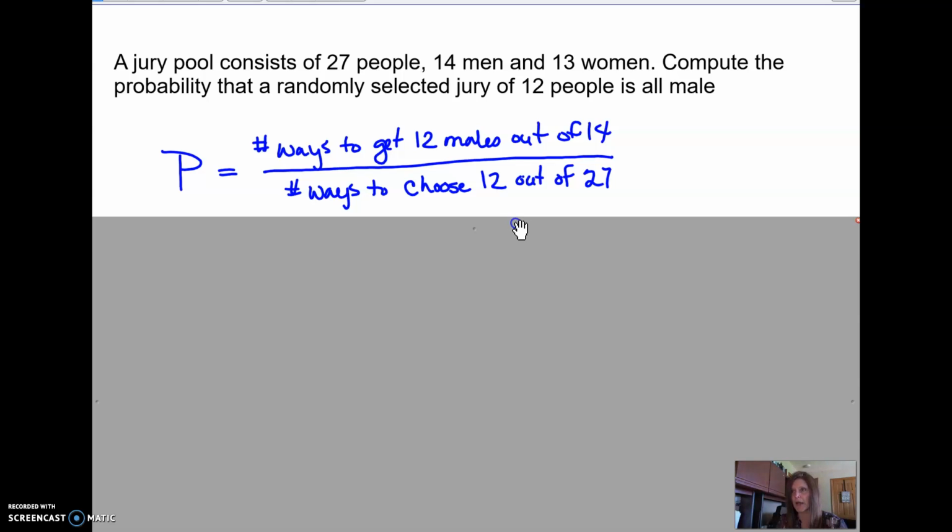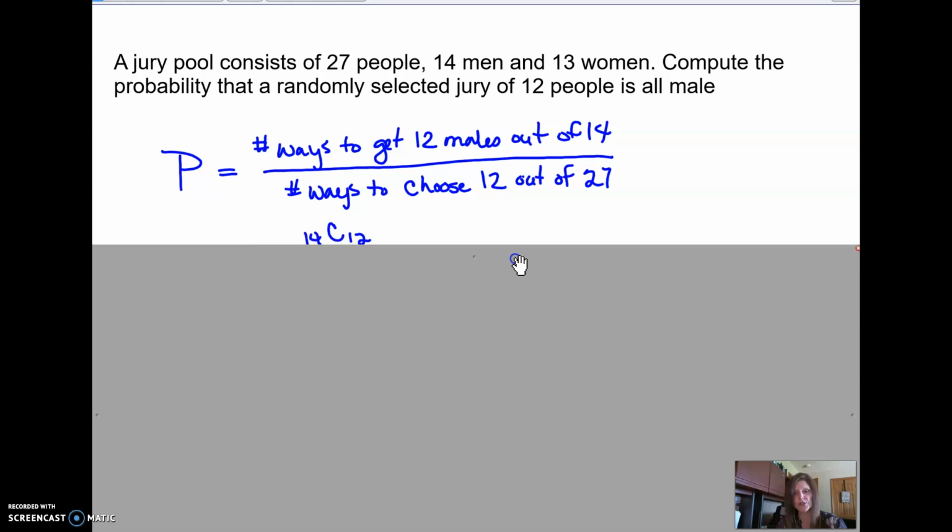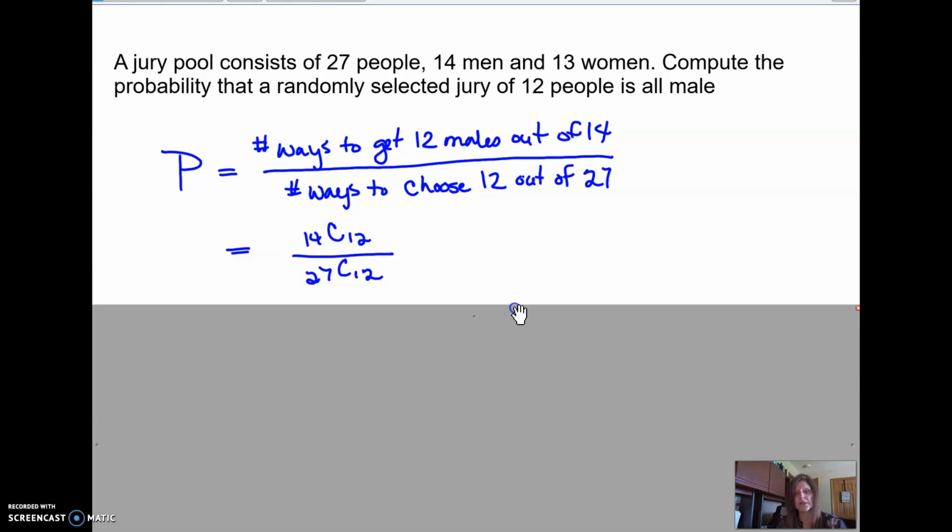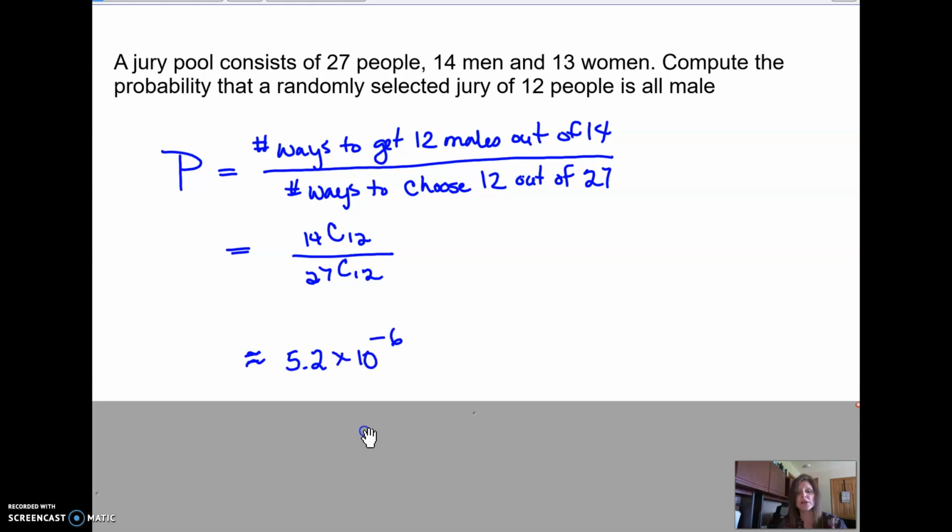I'm choosing a group. I really don't care about the order here, so this is going to involve combinations. So the top would be the combination of 14 men taken 12 at a time, divided by the combination of 27 individuals taken 12 at a time. And again, we'd use our calculator to come up with the answer here, which on my calculator is 5.2 with a -6, meaning 10 to the -6.